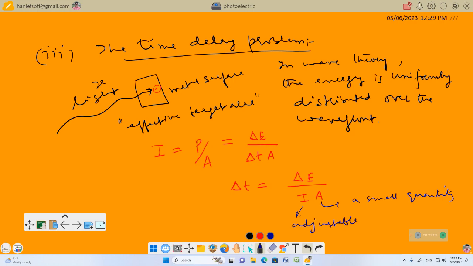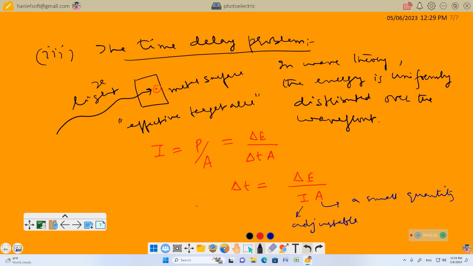Now if I make the intensity I of light small, it is adjustable. For example, you shine light on a metal surface, provided its frequency is greater than threshold frequency. So you are ensuring that photoelectric effect should take place. Now you can adjust the intensity of the light to adjust the time required for the electron to absorb energy from the light, right?